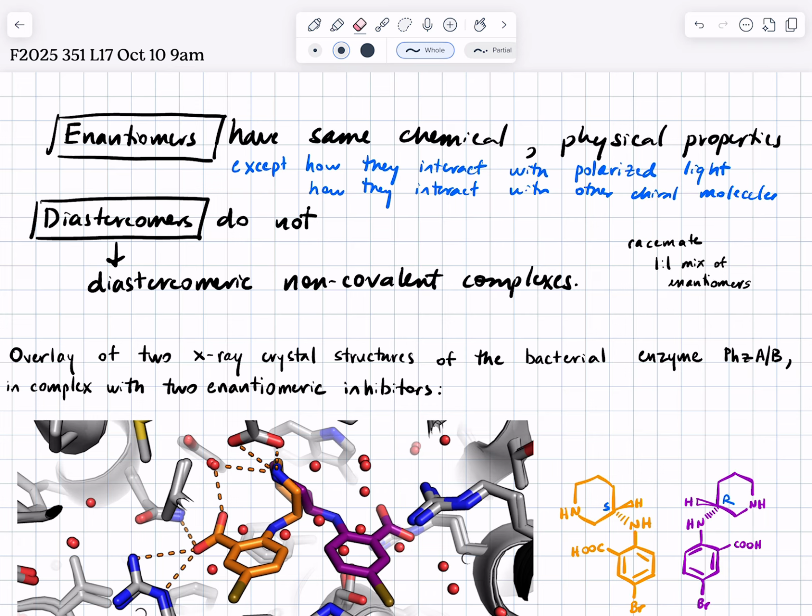And the reason you can tell the difference between those two is those two situations are diastereomers of each other, right? The right hand-right hand shake is a diastereomer of the right hand-left hand shake, even though your hands are not permanently attached to each other. That's a diastereomeric situation. Same thing in biology.